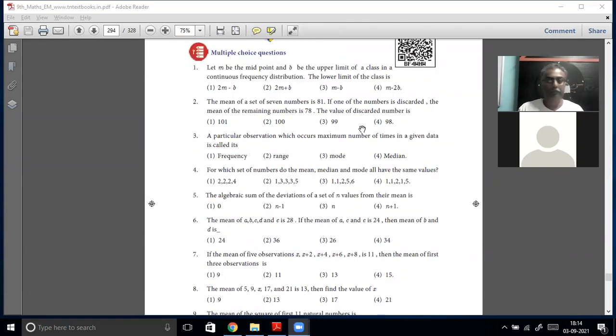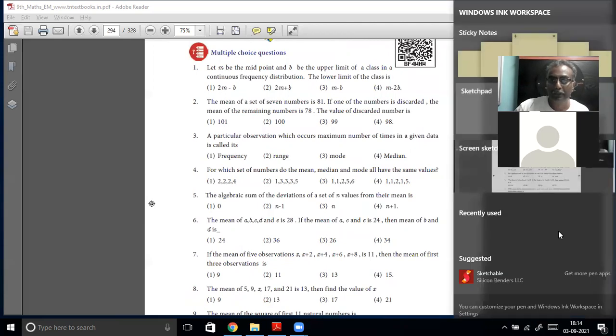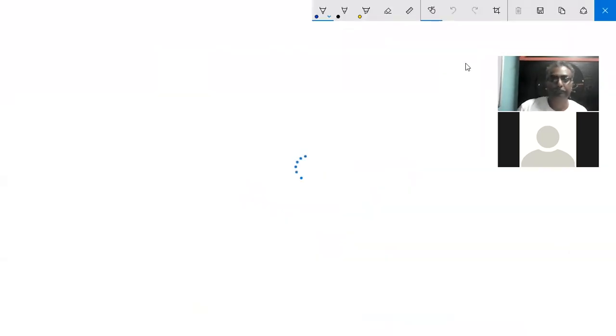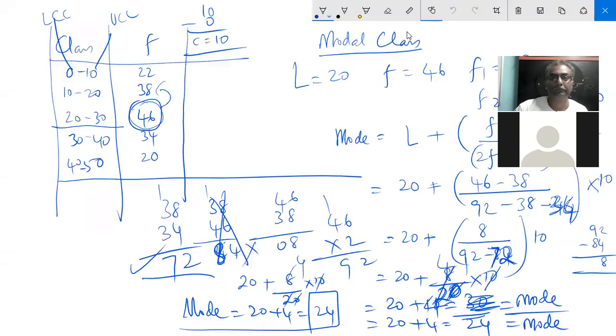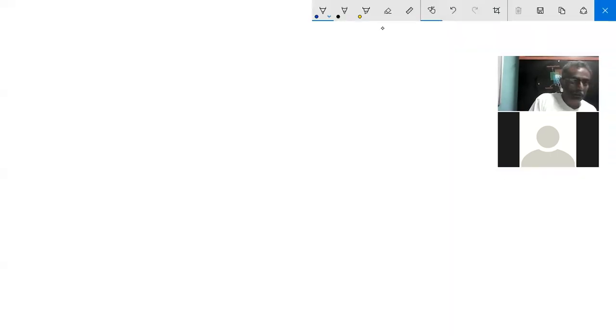Let M be the midpoint and B be the upper limit of a class. Wait, we will have to do this at the sum only. LCL, UCL. Okay, this is only the midpoint.